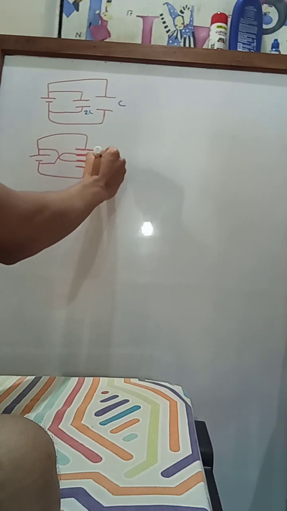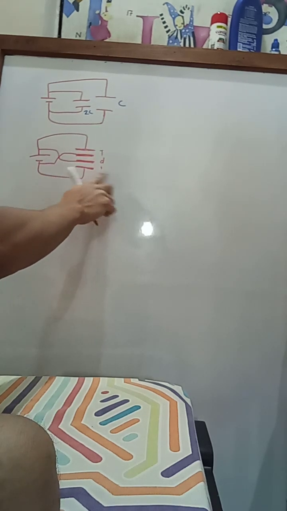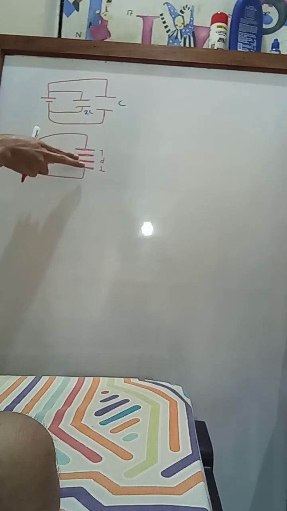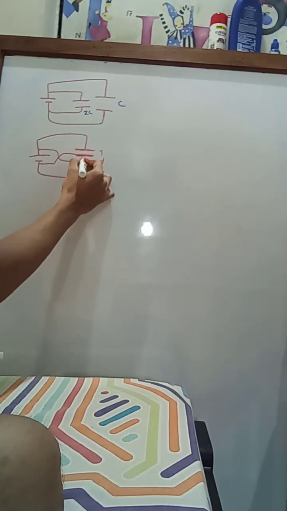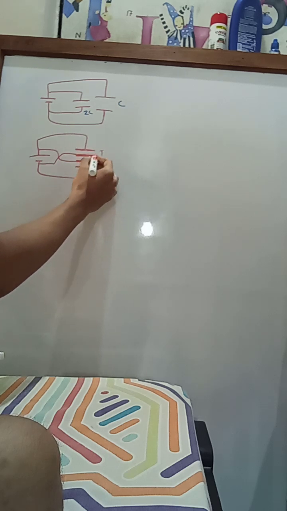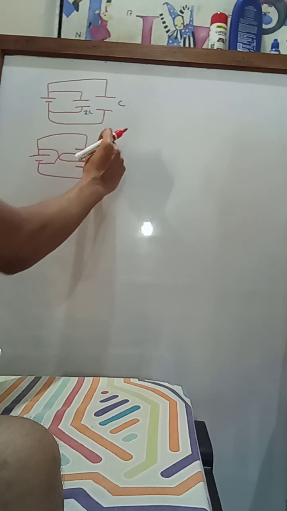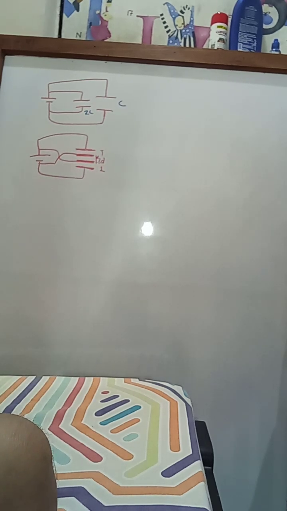This is D, and they told us they have inserted it symmetrically, which is in the center, not somewhere aligned. And this is 2D, this is D. Then this would be D by 2, this would be D by 2, even though it doesn't look like it.